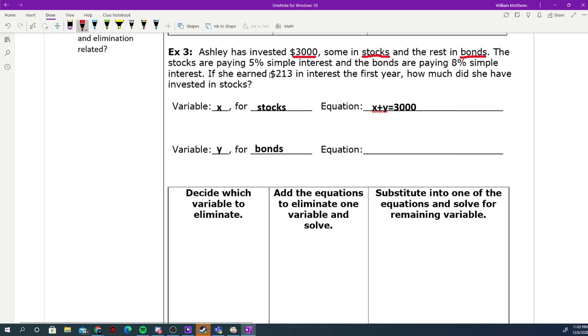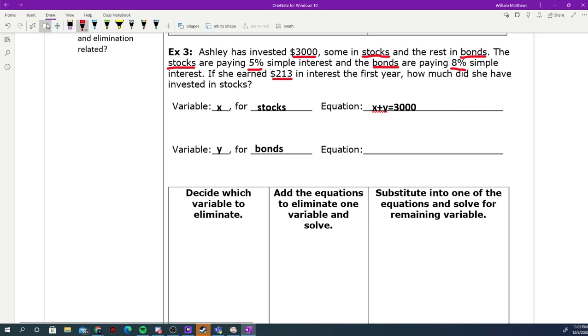The next part is talking about rates. Interest is another phrase for rate: 5% for stocks and 8% for bonds. And it earned her $213. So this is a matter of knowing how interest works when dealing with real world situations.